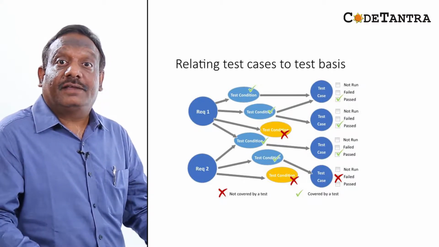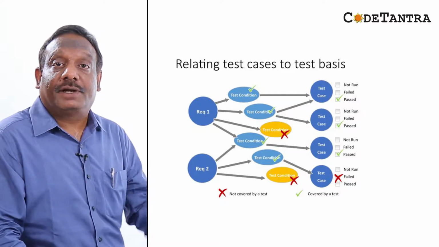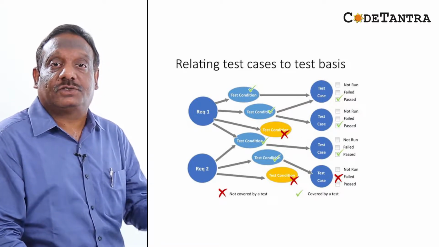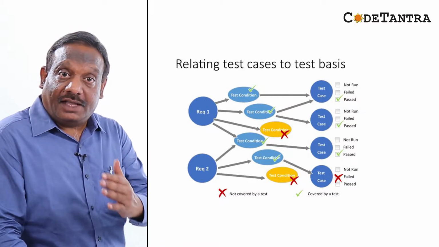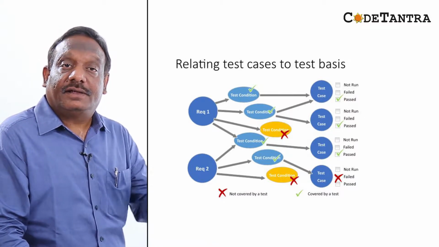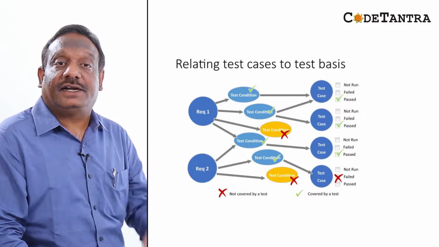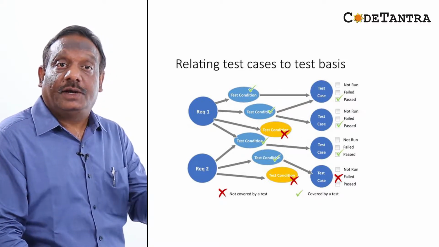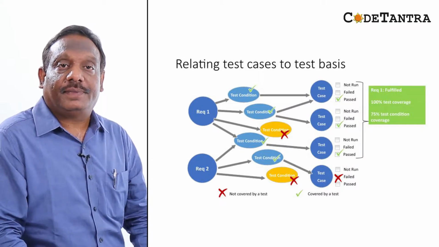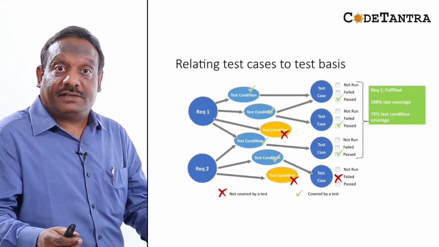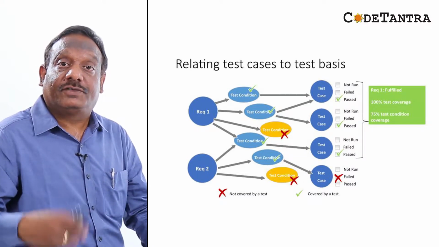Now let us look at what happened. Test case 1, test case 2 and test case 3 have passed, because they are linked to test conditions 1, 2 and 4. So your requirement has been fulfilled, and all test cases that have been created have been executed and have passed.